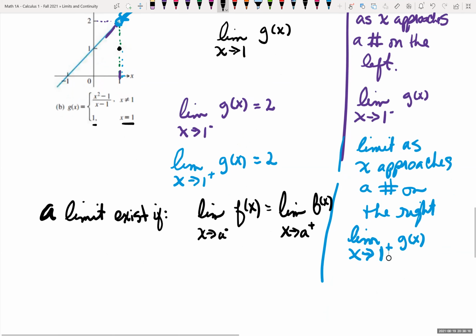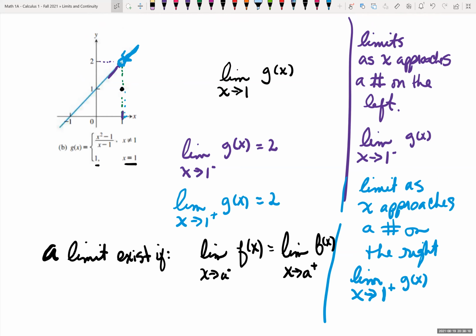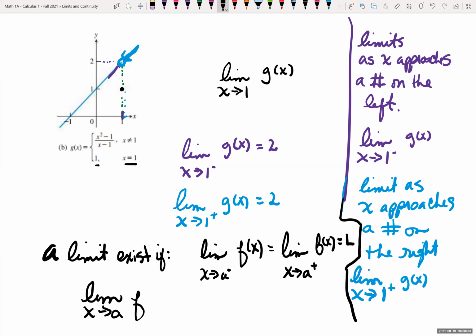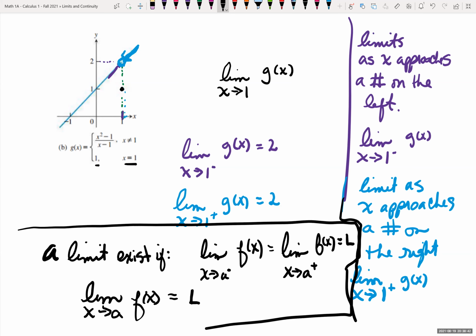If that's the case, let's say that it was equal to some number L. That was our y value. Then we can say the limit as x approaches a in general of our function f of x is equal to L. So sometimes we're only worried about what's going on one side of our limit versus another, but sometimes we're worrying about what's going on the left and the right of that x value as we're looking at the limit.